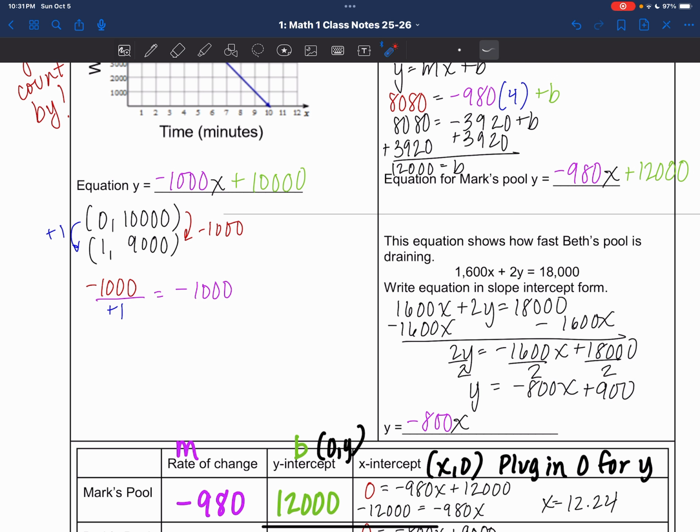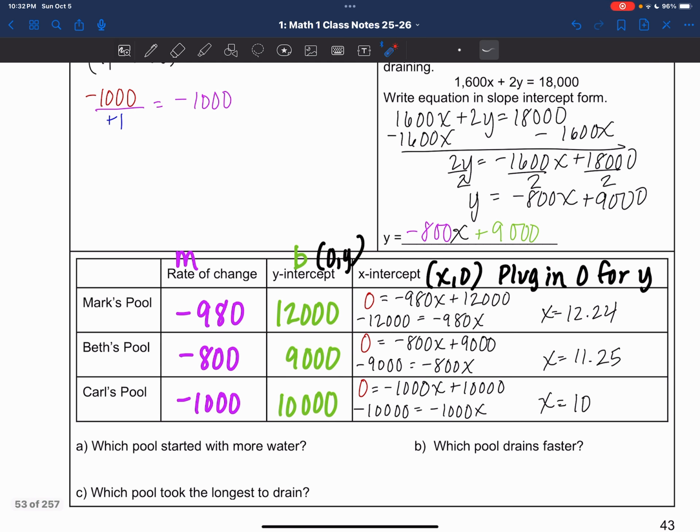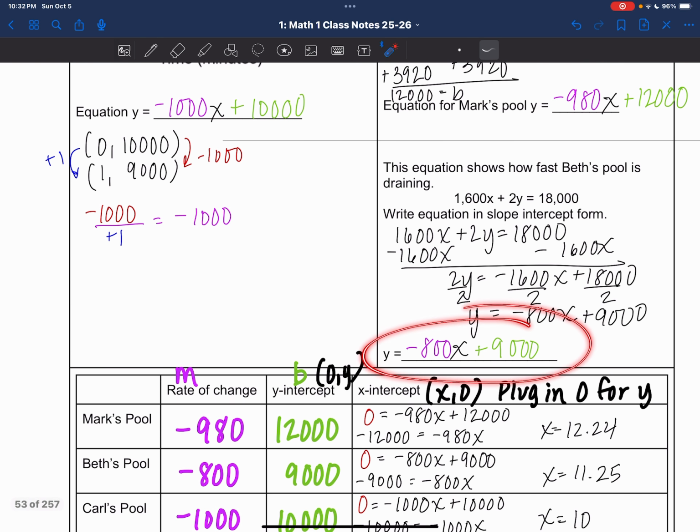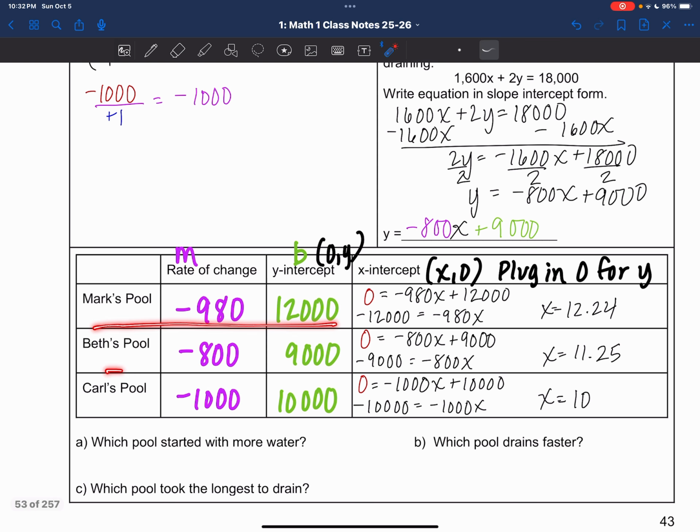Oops, I forgot to finish writing my equation, and I forgot a 0. There you go. Okay, so you should have y equals negative 800x plus 9,000. So now all I did was I put all this information up here, and I just put it into the table from there. So remember, your y-intercept is your b value.